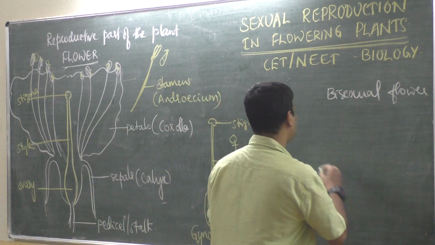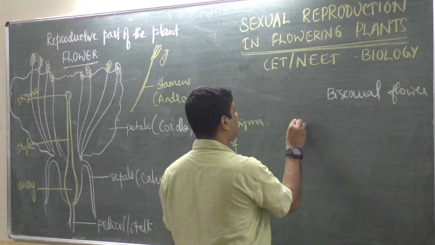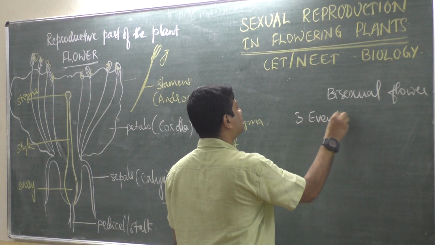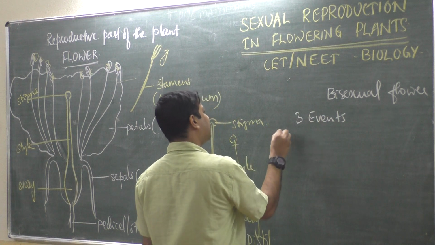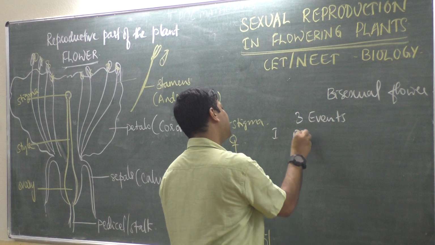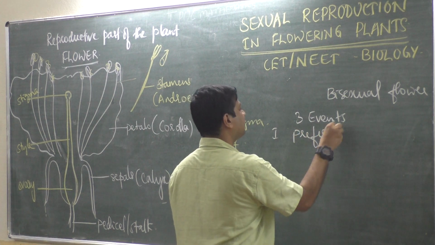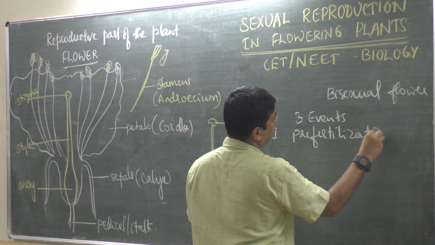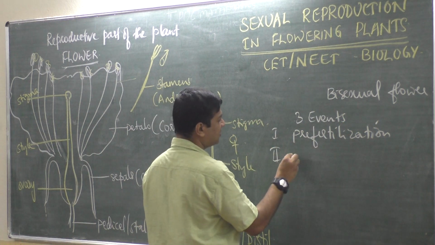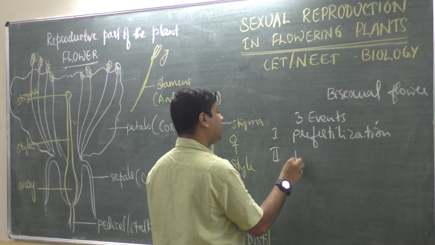You remember there are 3 events in reproduction. First event is what happens before fertilization, that is called pre-fertilization, you know this. Then second, union of male and female gametes, that is fertilization.